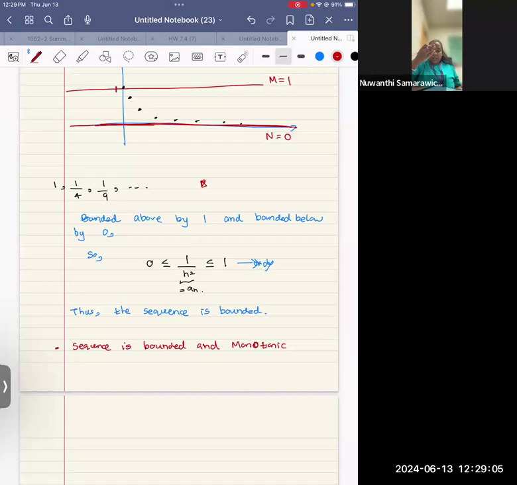Monotonic means this is a decreasing monotonic sequence. Then we can say, therefore, the sequence is convergent.